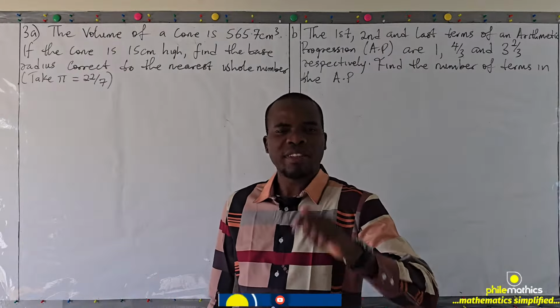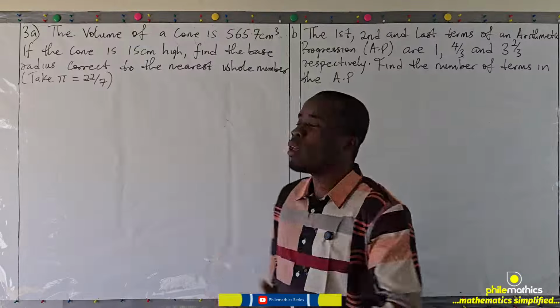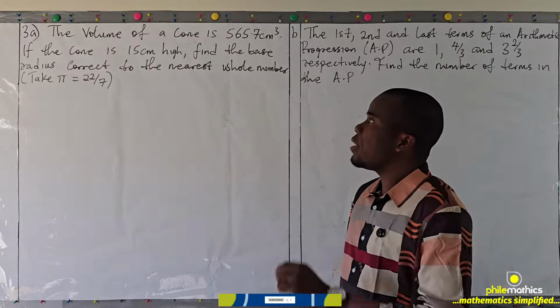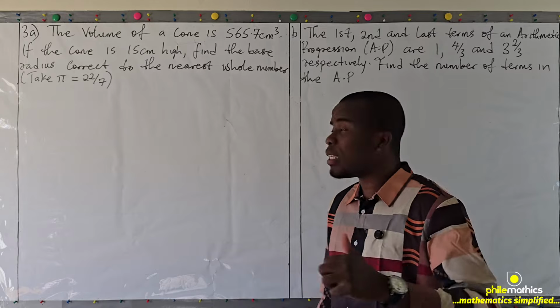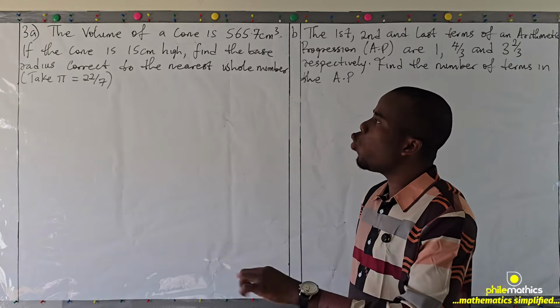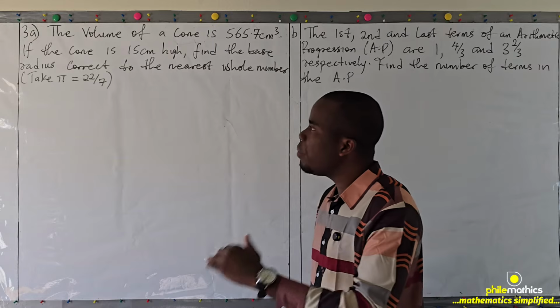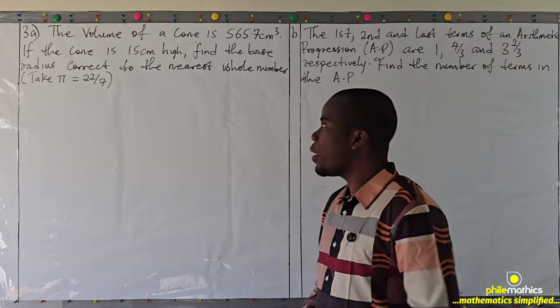The third question of NECO 2025 theory is on volume of a cone and arithmetic progression. It says the volume of a cone is 565.7 centimeter cubed. If the cone is 15 cm high, find the base radius correct to the nearest whole number.